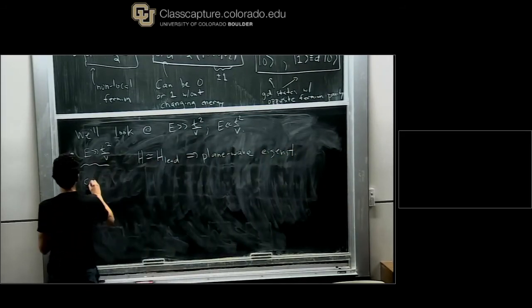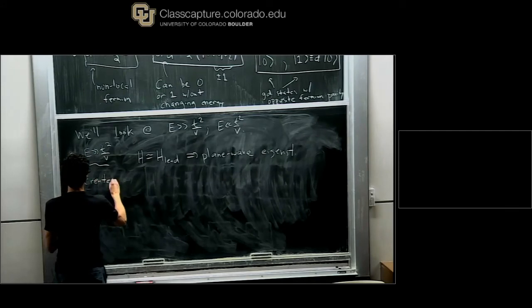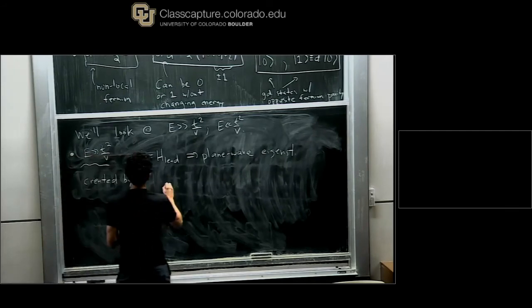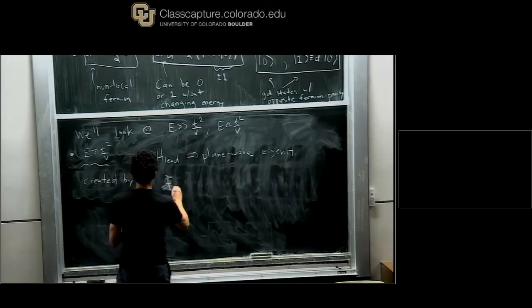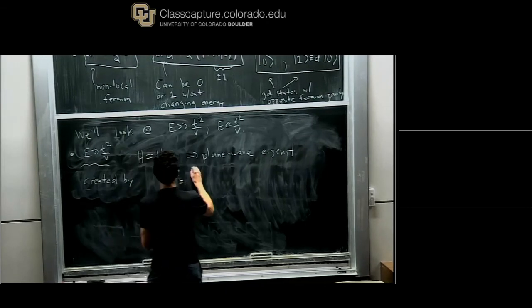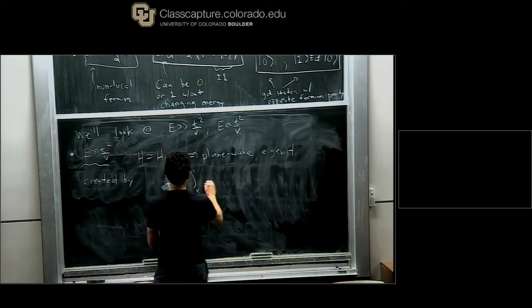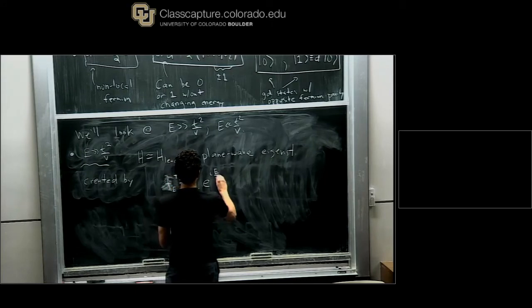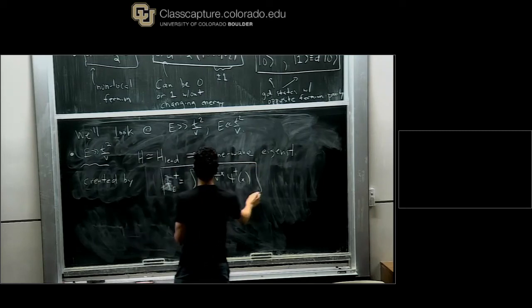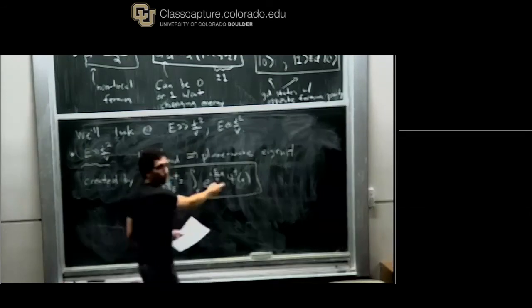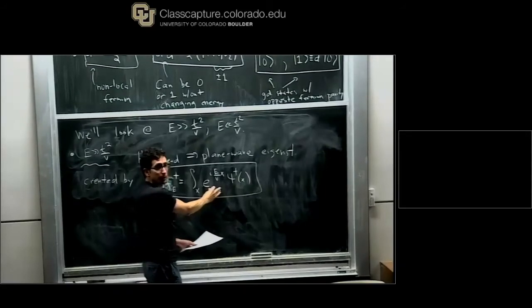Those plane wave eigenstates will be created by operators f_E dagger, which is just the integral over x of e to the i E over v times x times psi dagger of x. So this just creates a plane wave. This is just the plane wave function.